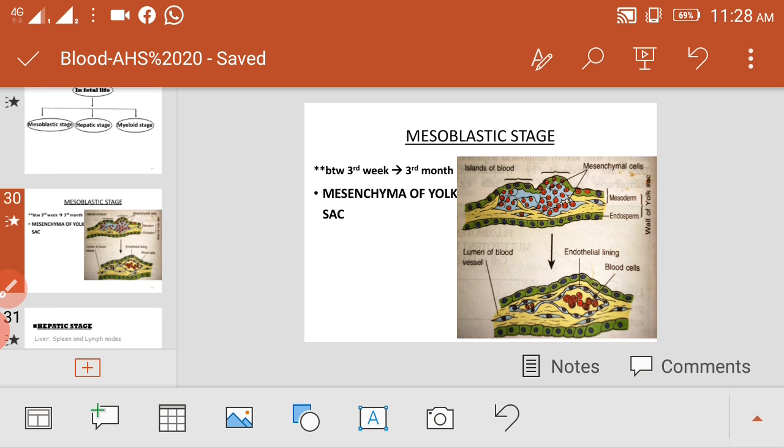The mesoblastic stage is between the 3rd week and the 3rd month of fetal life. Understood? That is in the uterus, when the baby is developing, that is the fetal life. So from the 3rd week to the 3rd month, the RBCs are produced in the mesenchyme of the yolk sac.